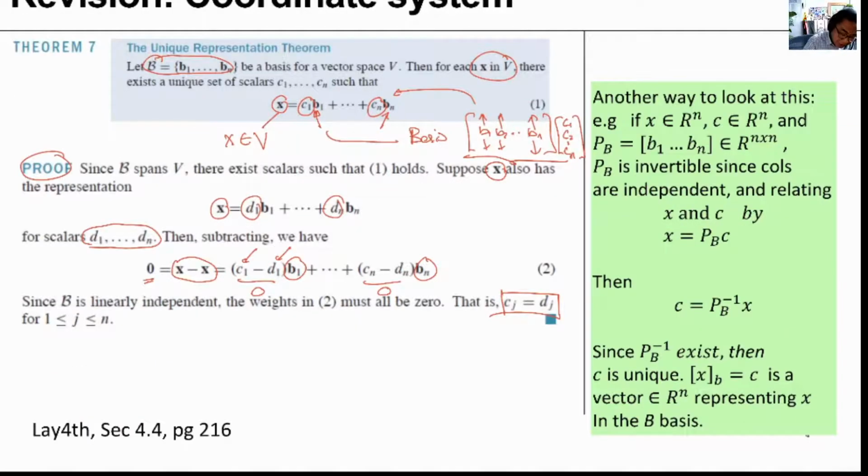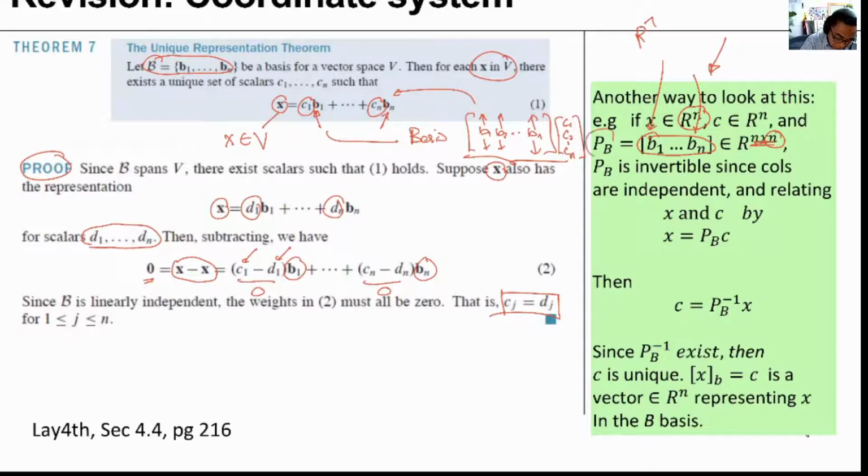We can look at it another way. If we have x belonging to Rn, then we can cast the basis as a matrix. We call it PB. And this PB is an n by n matrix, since each of these b1 to bn must be in Rn, and since there are n of them, to be a basis that spans the space.